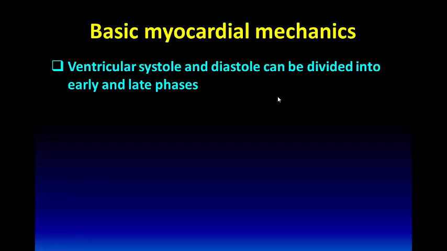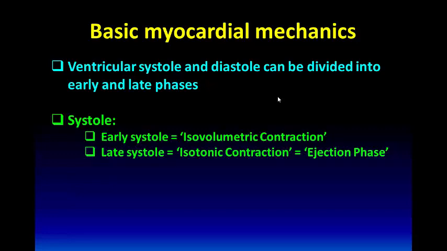So ventricular systole and diastole can be subdivided into early and late phases. So systole is divided into early systole, and this coincides with the isometric contraction phase, and late systole, which coincides with the isotonic contraction phase. The ejection phase is the rapid and the slow ejection phases.